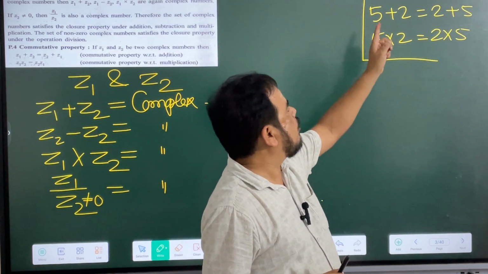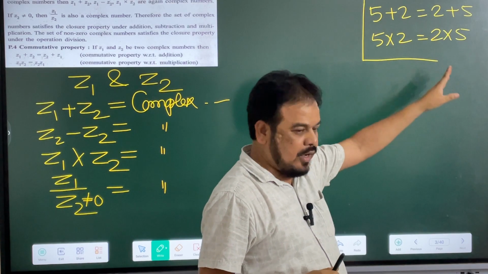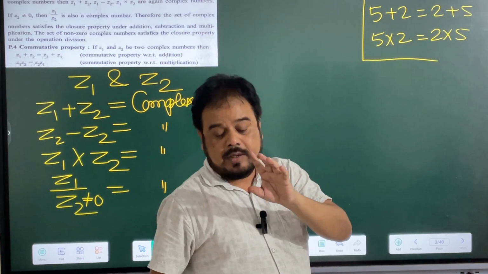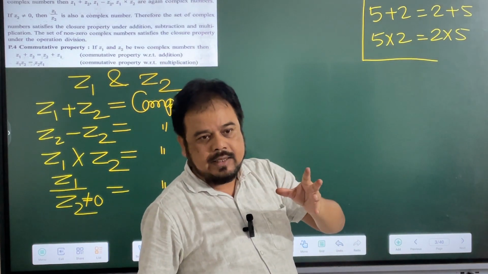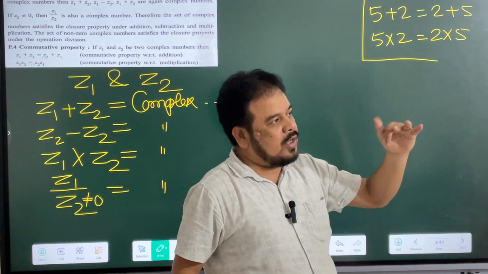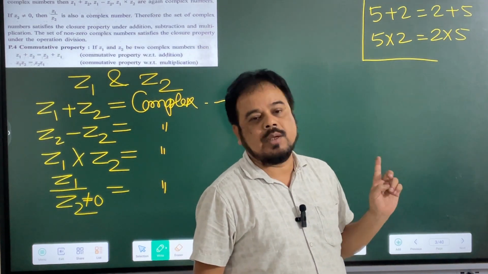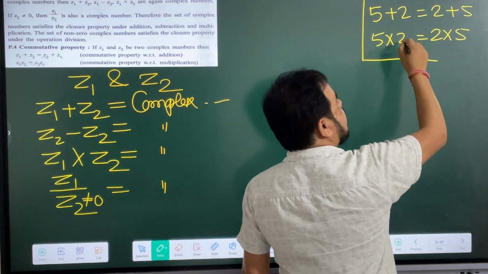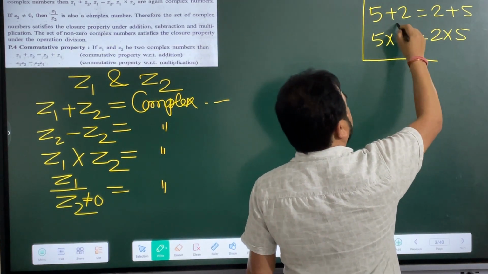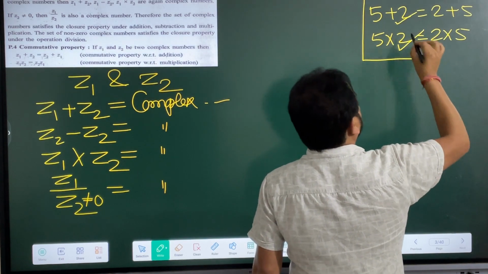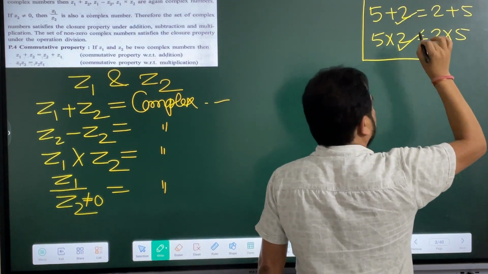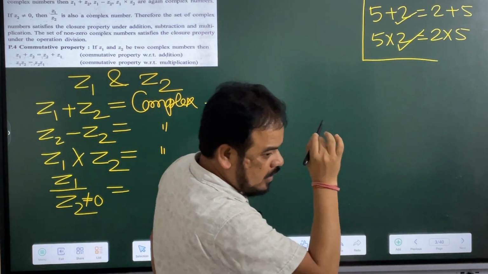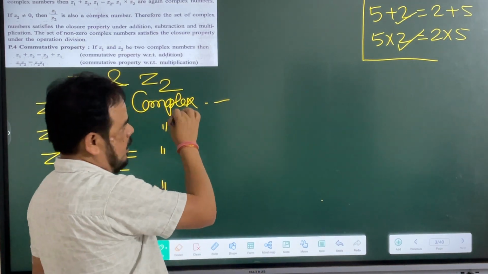Commutative property of multiplication for natural numbers. Any two natural numbers, if we add and alter the order of the numbers, we will get the same result. 5 plus 2 is 7, 2 plus 5 is 7. 5 into 2 is 10, 2 into 5 is 10. For addition and for multiplication, commutative property exists for natural numbers.